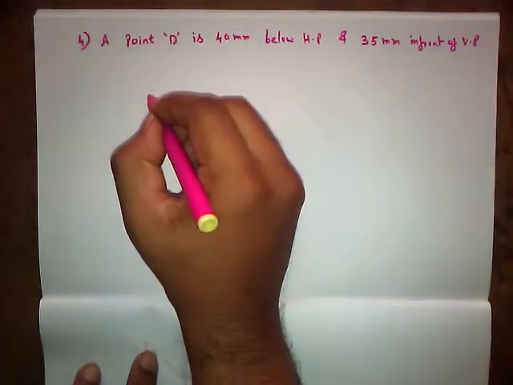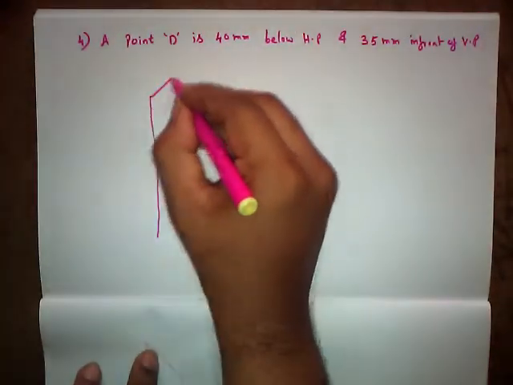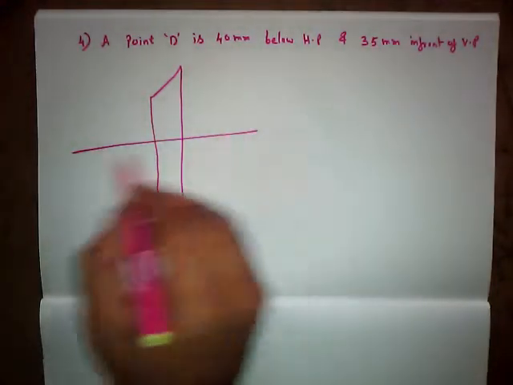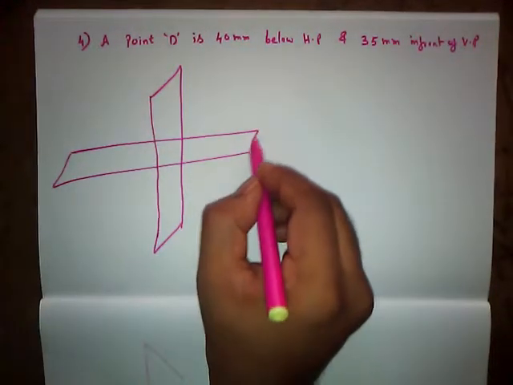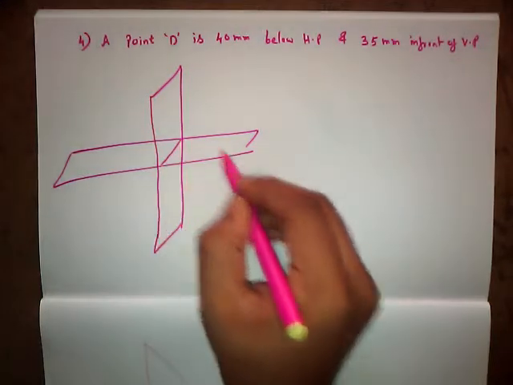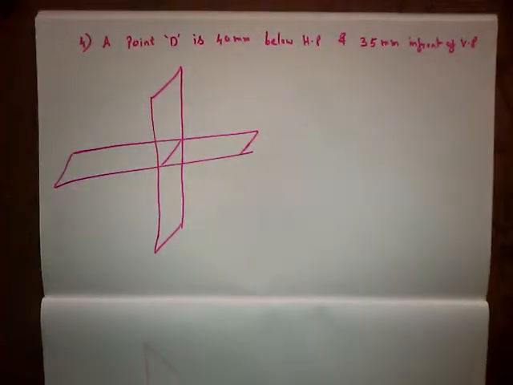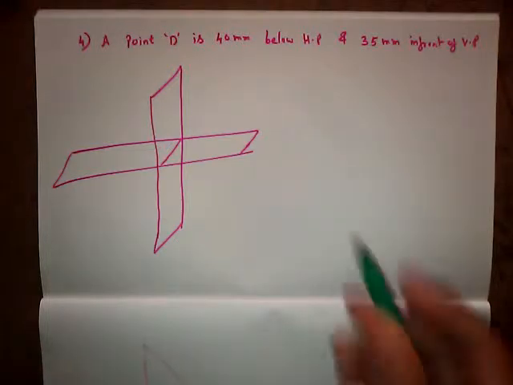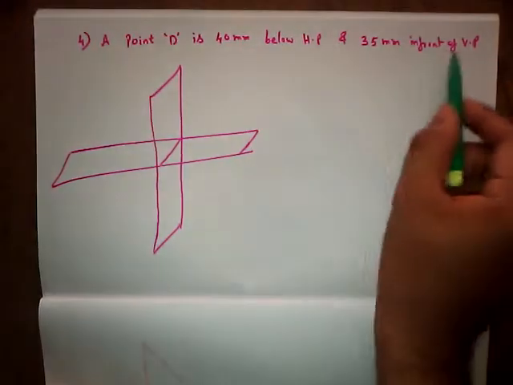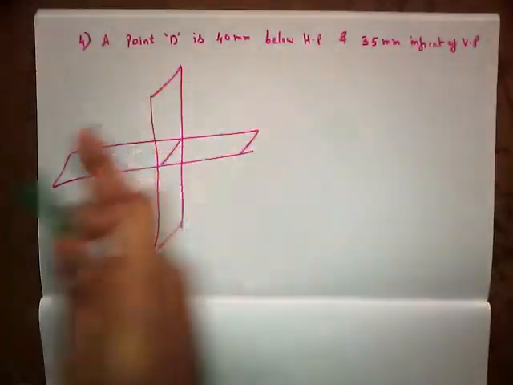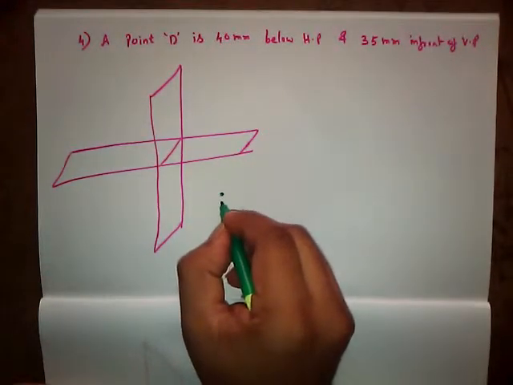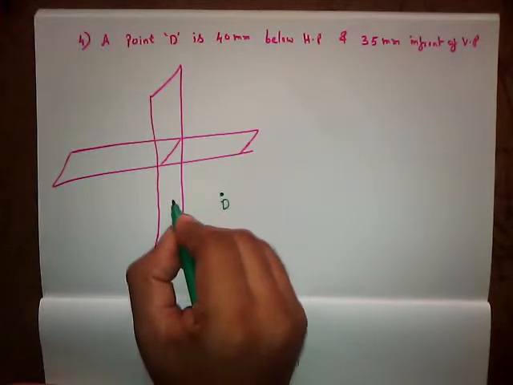Let us take down the quadrants, the vertical plane and the horizontal plane, and this is going to be our XY reference line. According to the question the point is 40 mm below HP and 35 mm in front of VP. So below, in front, it is going to be the fourth quadrant and the point name is capital D.